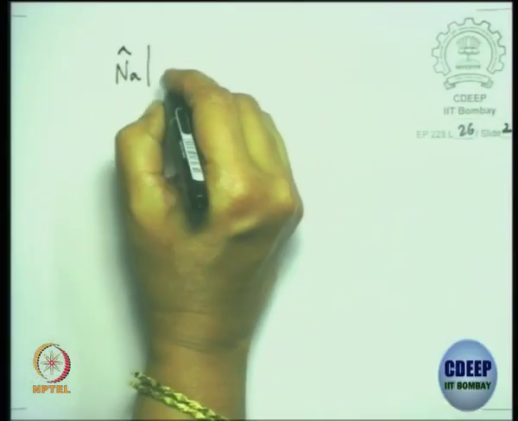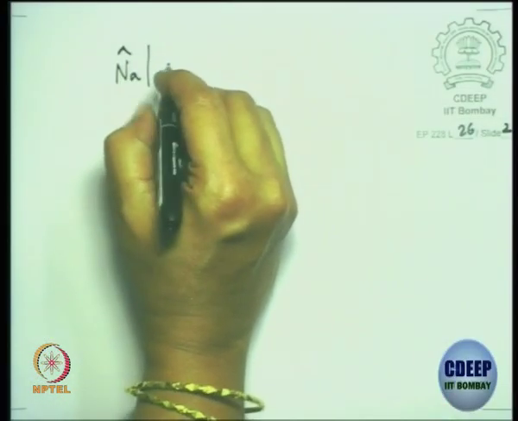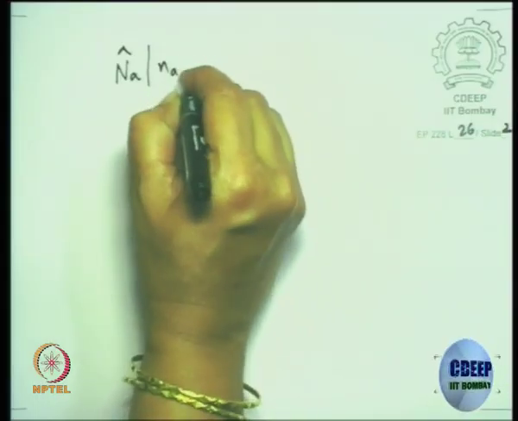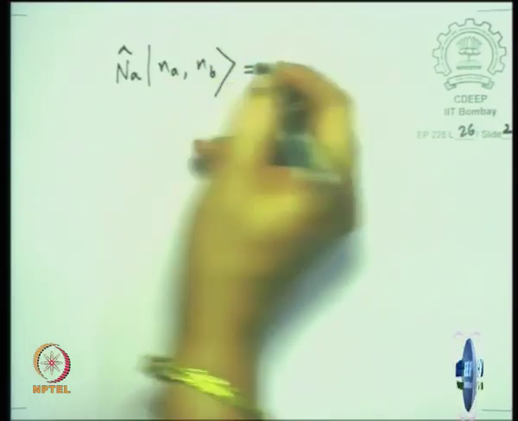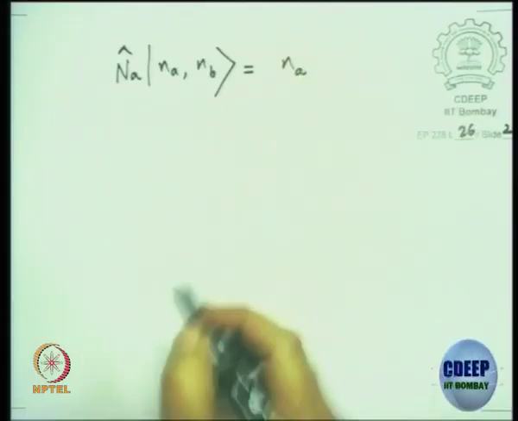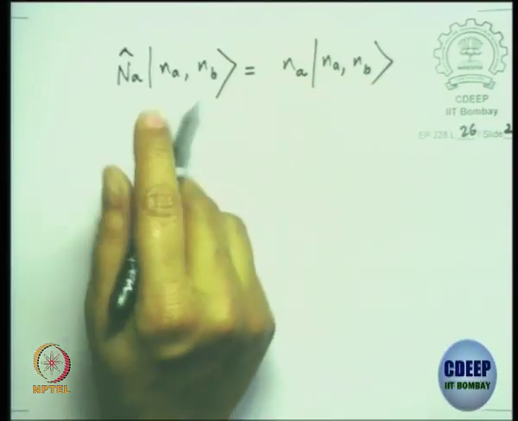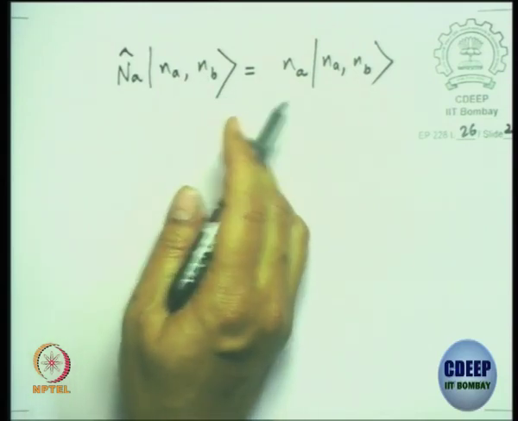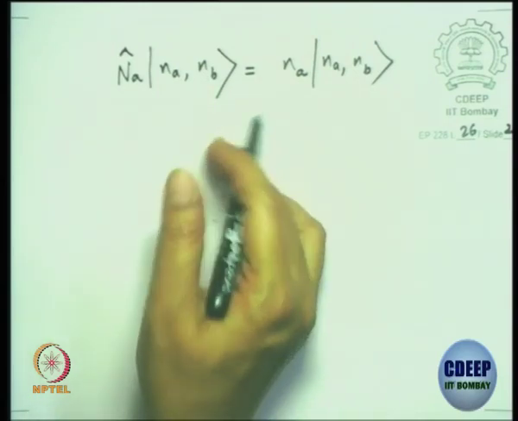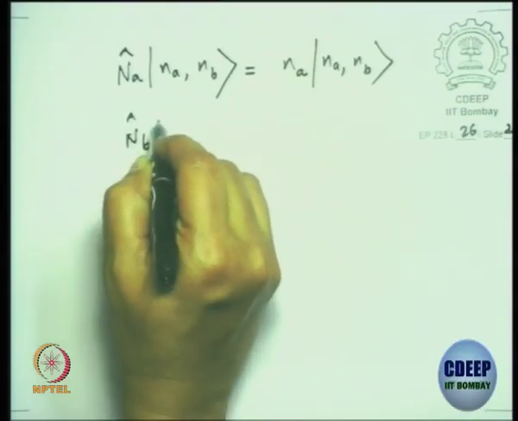So, what did we see? We saw that the Na operator could operate on a state labeled by Na and Nb and give me Na. I can write a state as a simultaneous eigenstate of both the oscillators because they commute. Similarly for Nb.